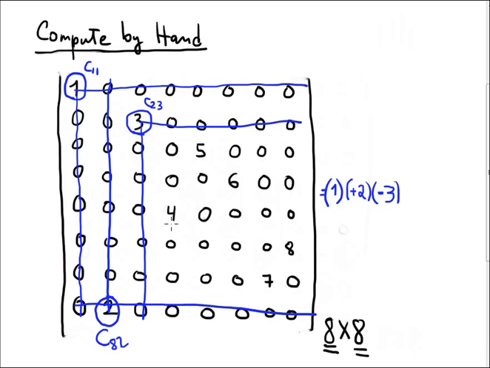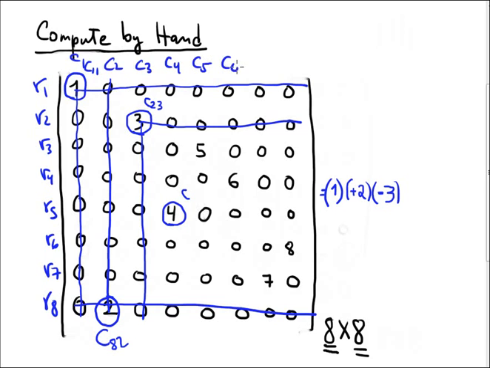Okay, now the new element is 4. The position of 4 is, remember guys, this is row 1, row 2, row 3, row 4, row 5, row 6, row 7, and row 8. This is column 1, column 2, column 3, column 4, column 5, column 6, column 7, and column 8.